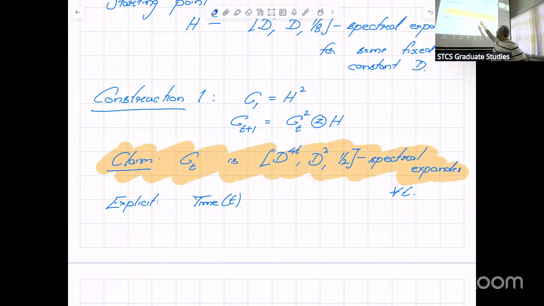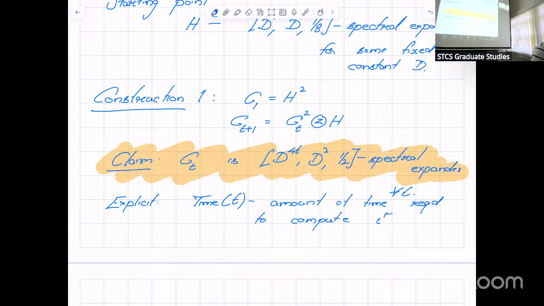Notice, to do this recursively, let's define time t as the amount of time required to compute the ith neighbor of a vertex in GT, basically the rot map. How much time does it take to compute the rot map?